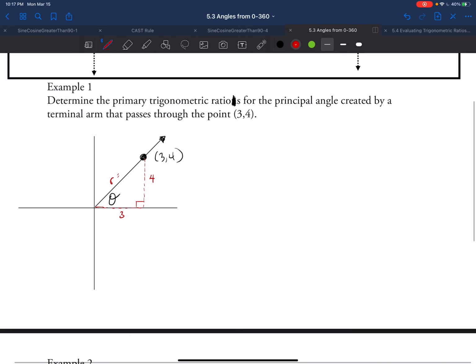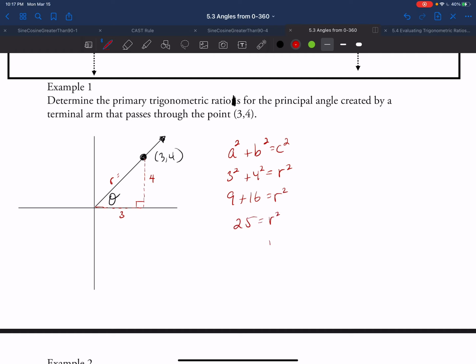So we're going to go back to elementary school and do Pythagorean theorem. 3 squared plus 4 squared is equal to r squared. 9 plus 16, so r squared is 25, so r is 5.